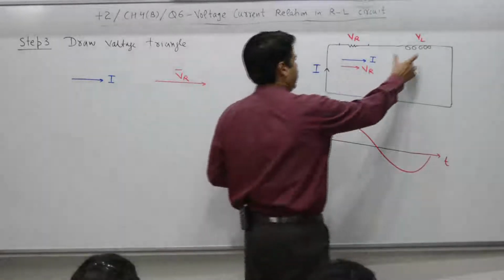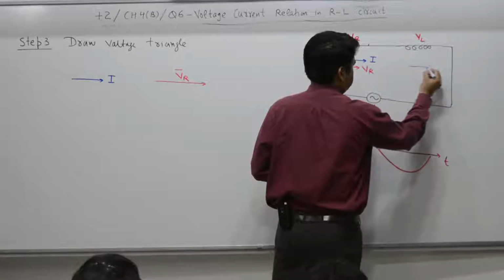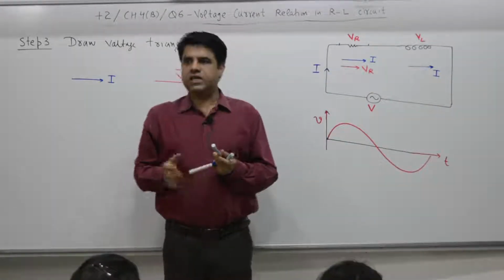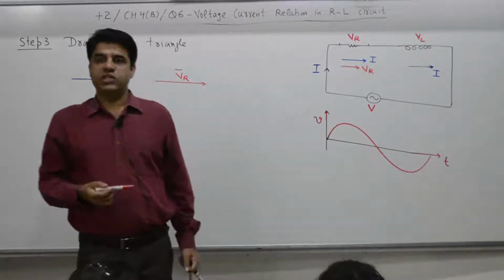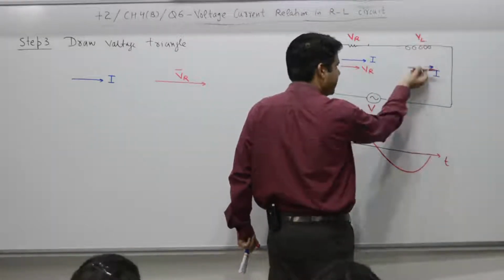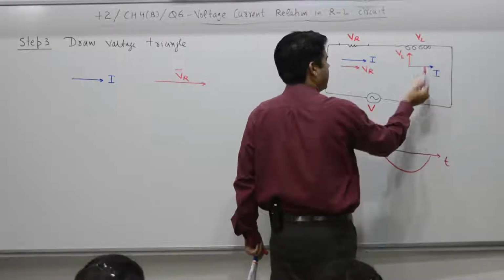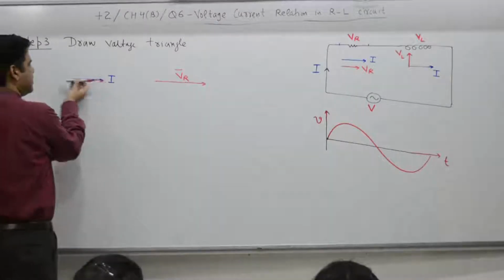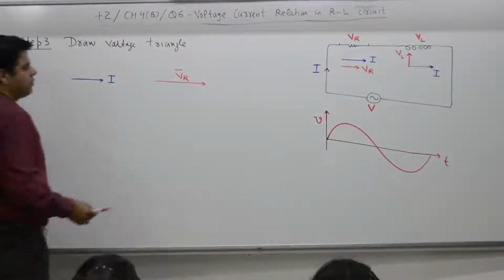Now, we refer to the next part. If I take current as a reference, I, for an inductor, current lags voltage. If current lags voltage, current has to be 90 degrees behind. That means this is the diagram. Current lags voltage by pi by 2.